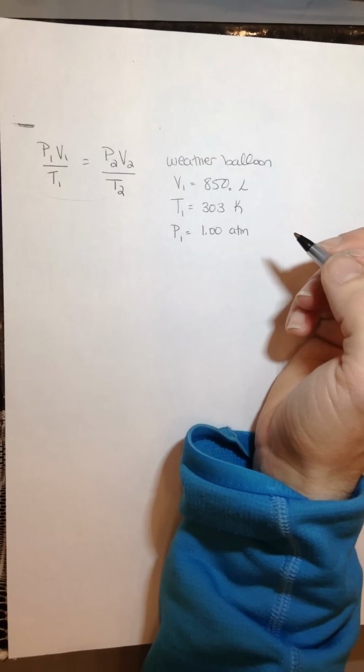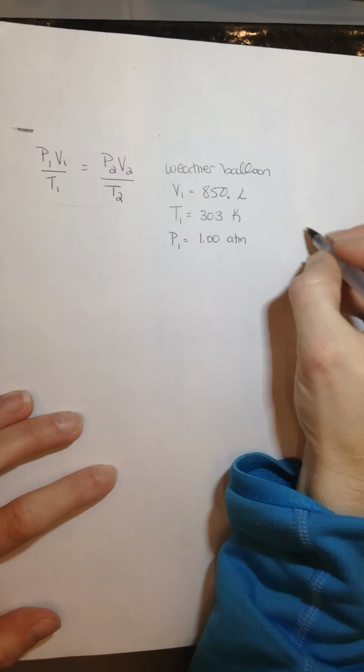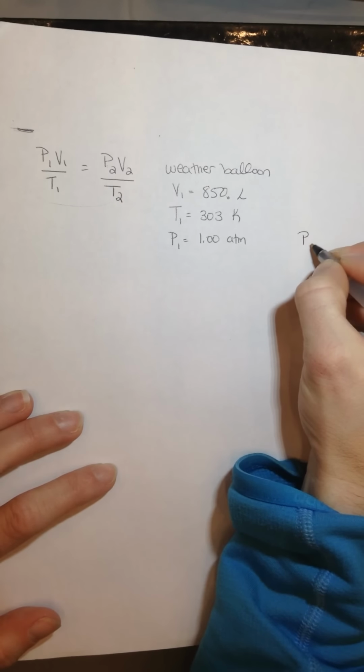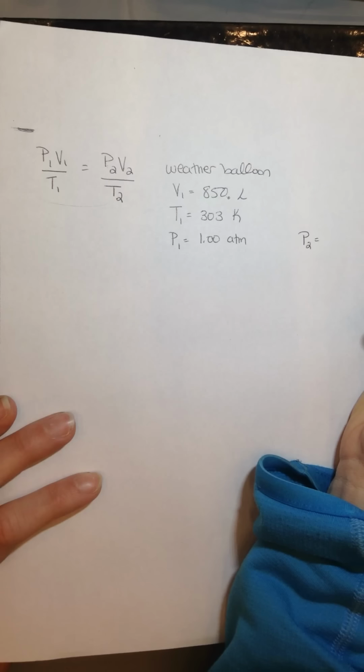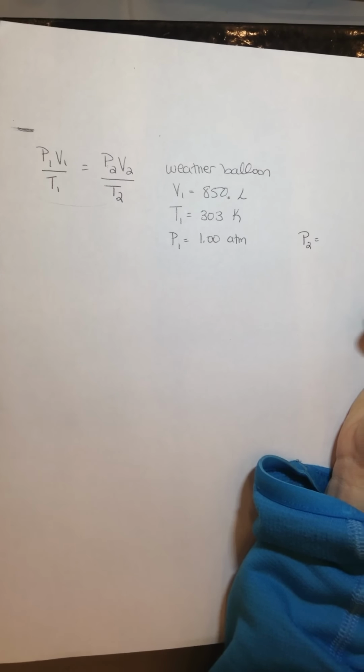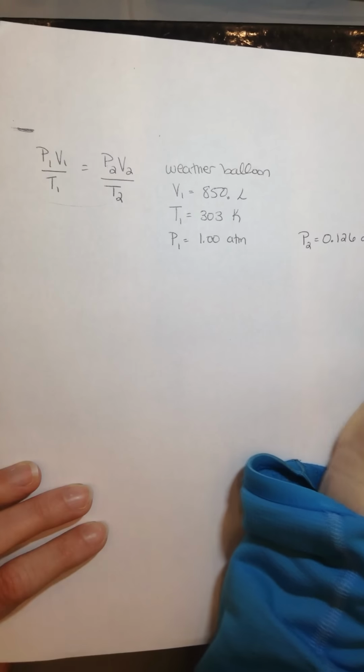Okay? All right, so as this balloon goes up into the atmosphere, the gas inside that balloon is going to experience some changing conditions, right? We know that the pressure is going to change. Again, does the pressure go up or go down? It goes down, right? 0.126 atmospheres. That's just the number I picked.